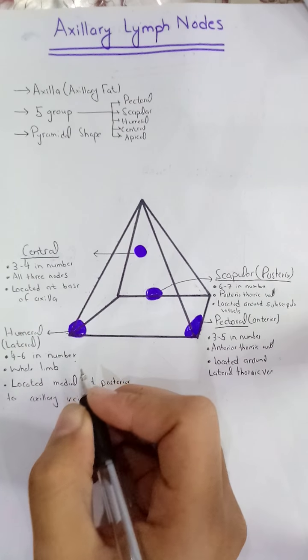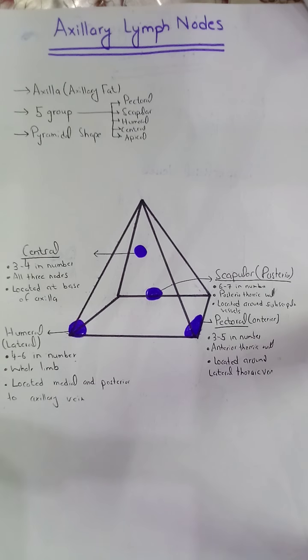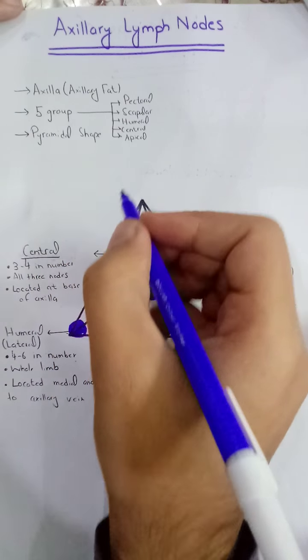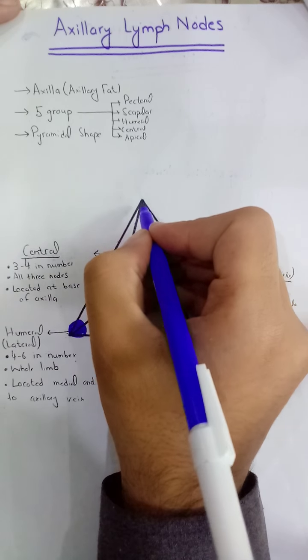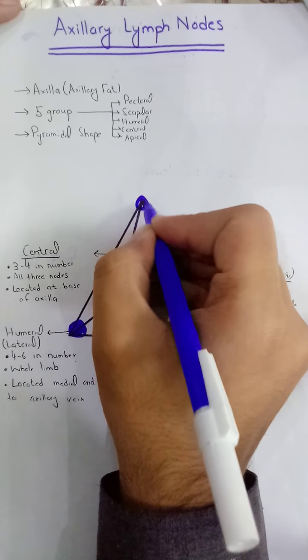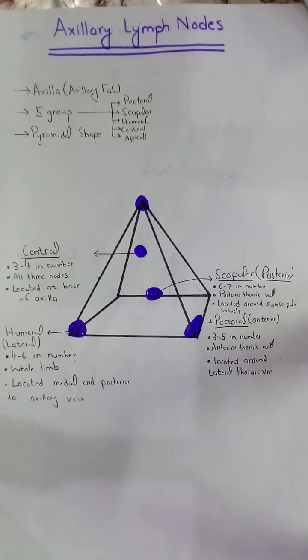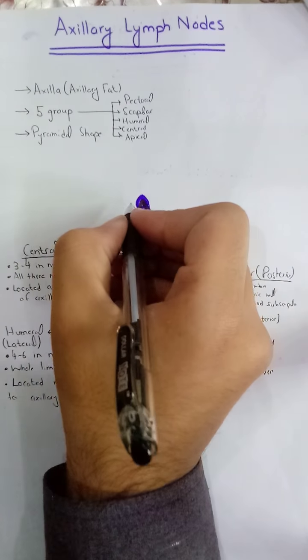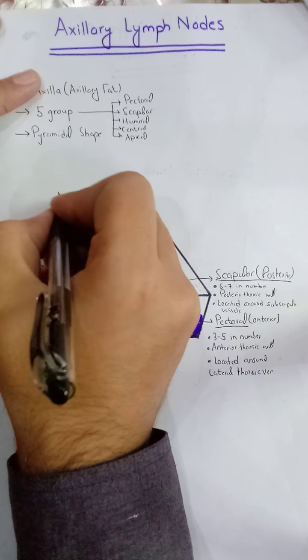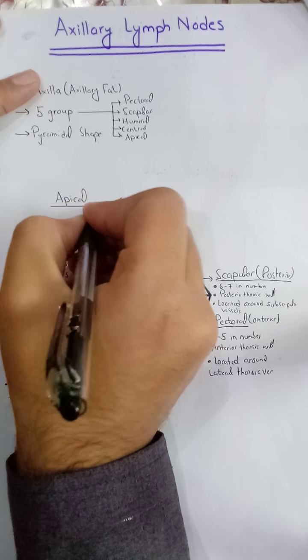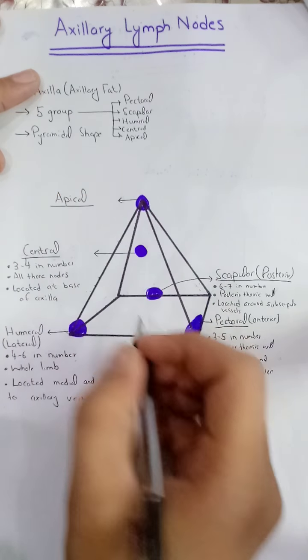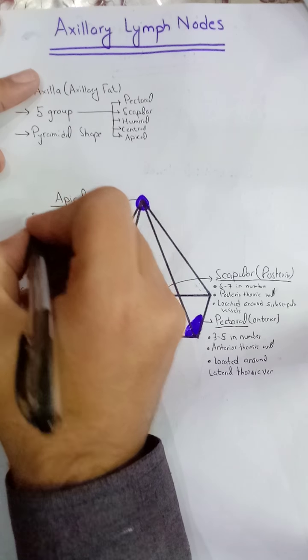Now the last one is the apical, which is present at the apex of this pyramid, at this point. These are the apical lymph nodes, and they will receive the lymph from all other nodes.